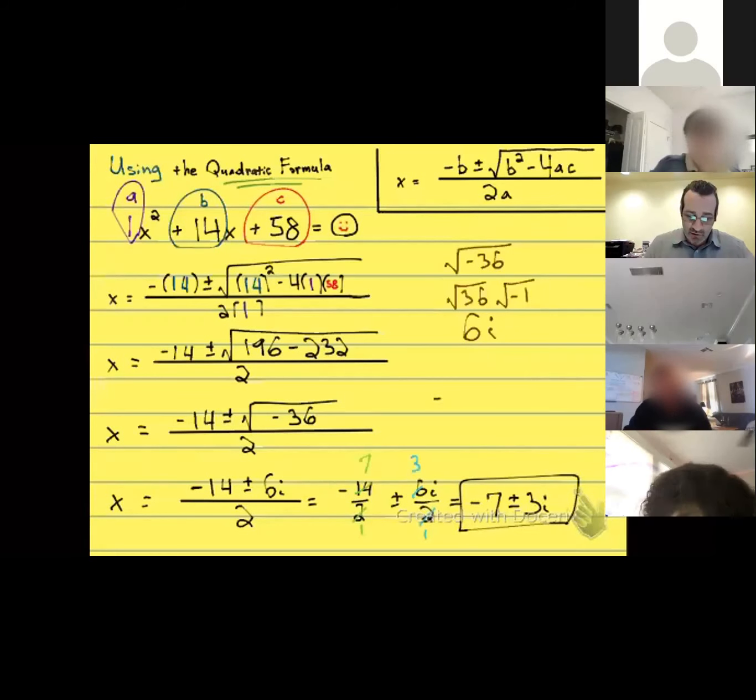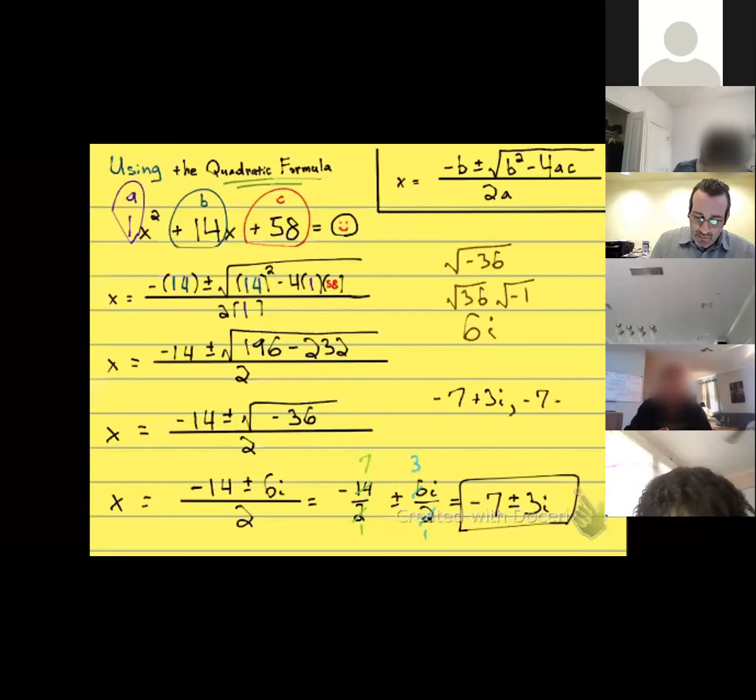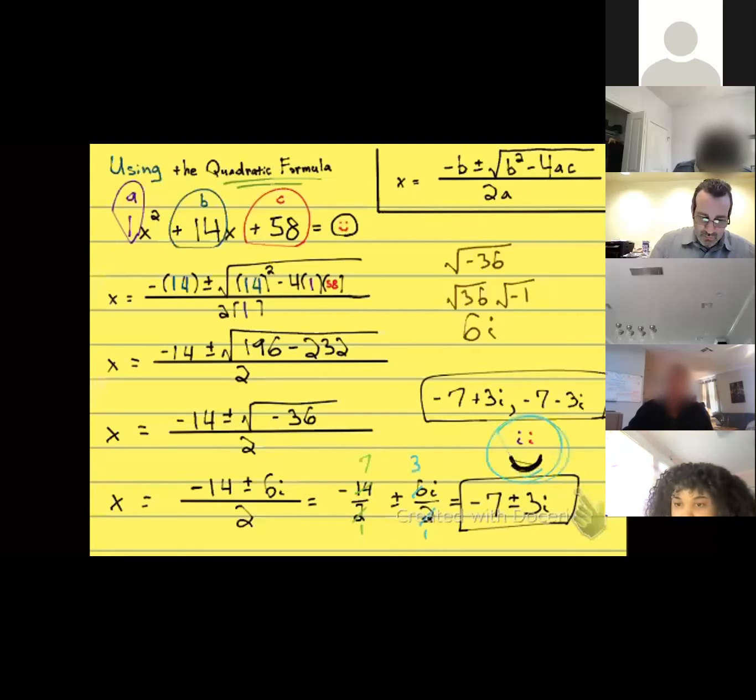You may see it split up into your two numbers, negative 7 plus 3i, negative 7 minus 3i. Put that one on your refrigerator.